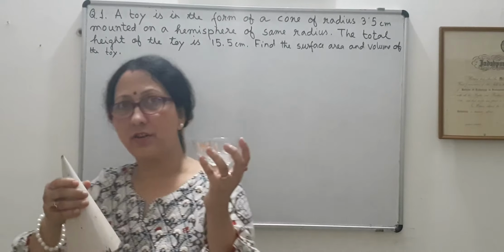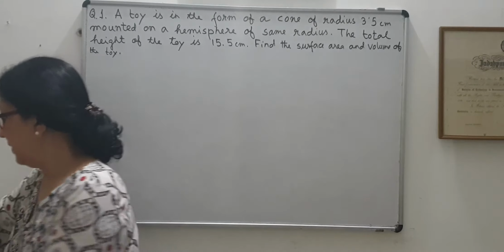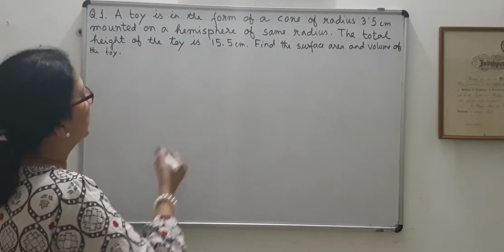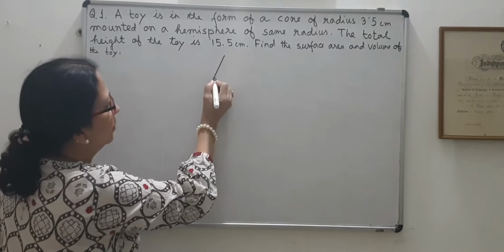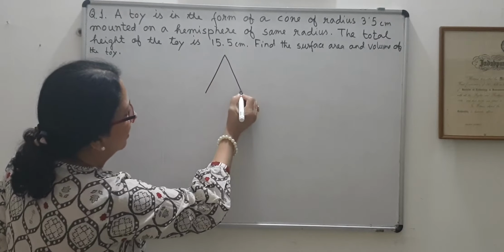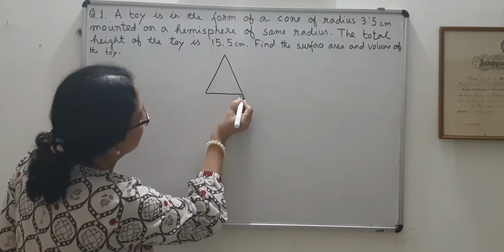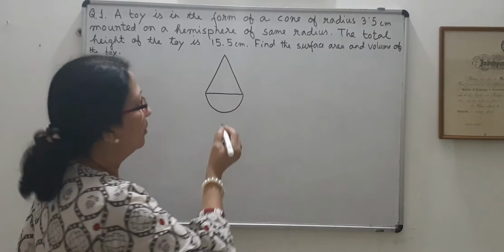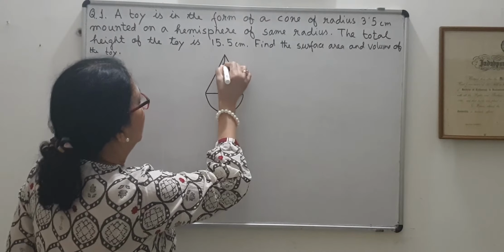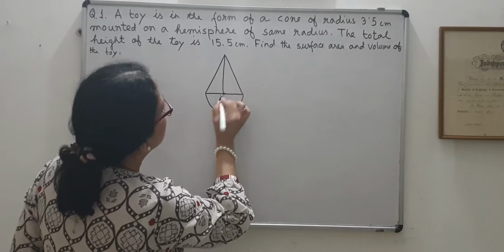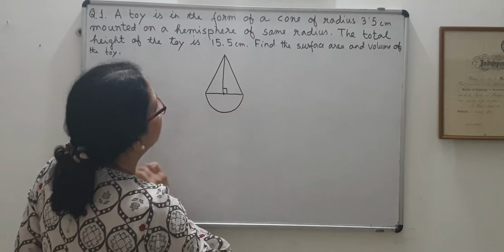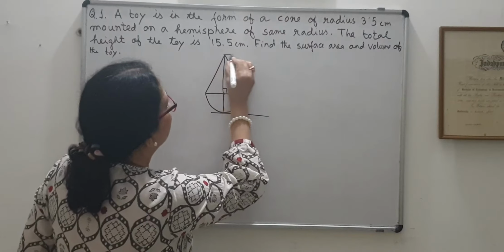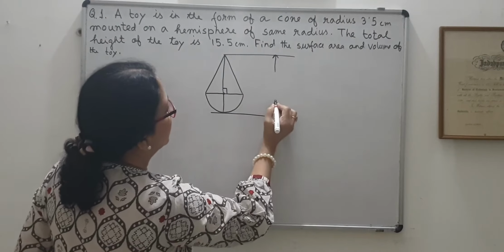So now let me draw its cross-sectional view, because it is not possible to draw the 3D diagram, so we take the cross-section. The cross-section of a cone is a triangle, and the cross-section of a hemisphere is a semicircle. These are the cross-sectional diagrams. This is the vertex of the cone, and this is the center of the circular base, and the angle is 90 degrees, and this is also a radius.